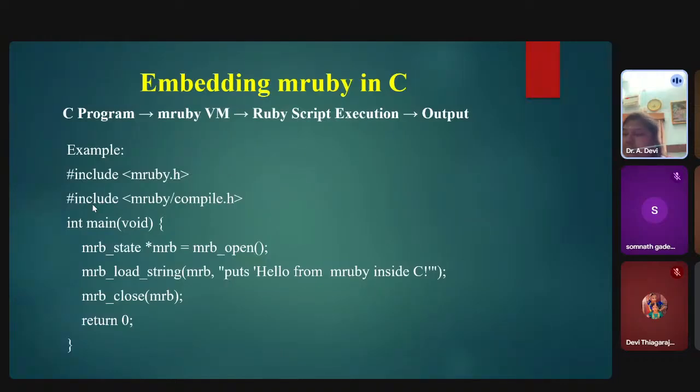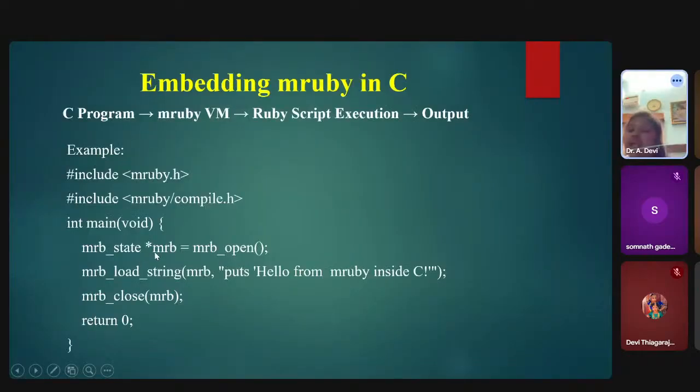First, take down this example. We will be writing the code in C, including the header files. This mruby.h tells the compiler that we are going to use the mruby library.